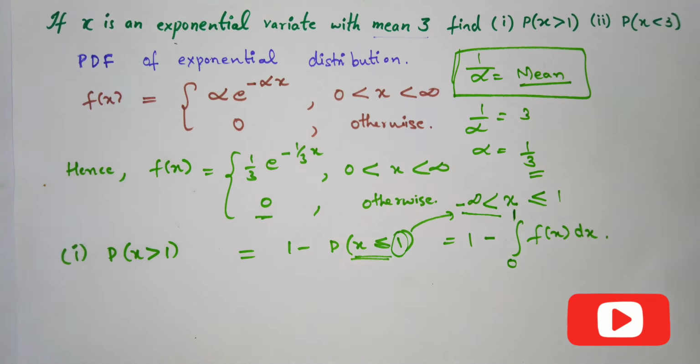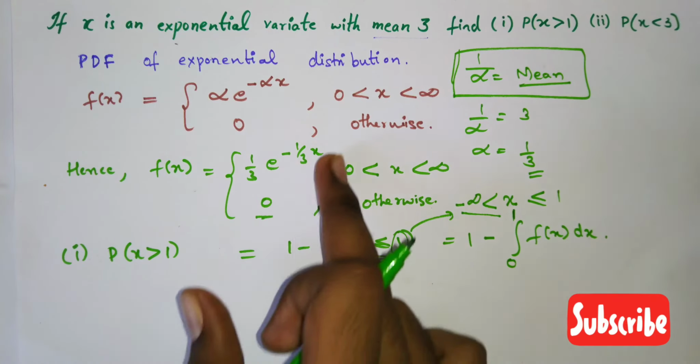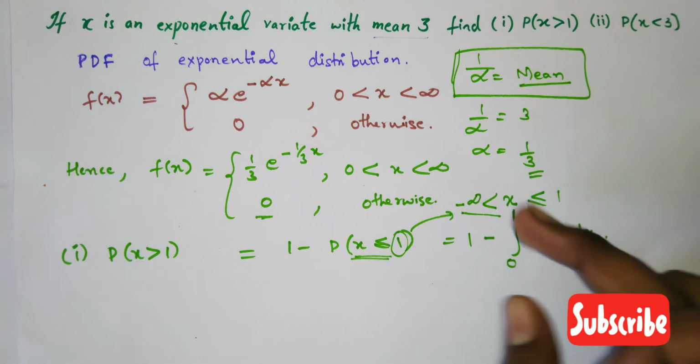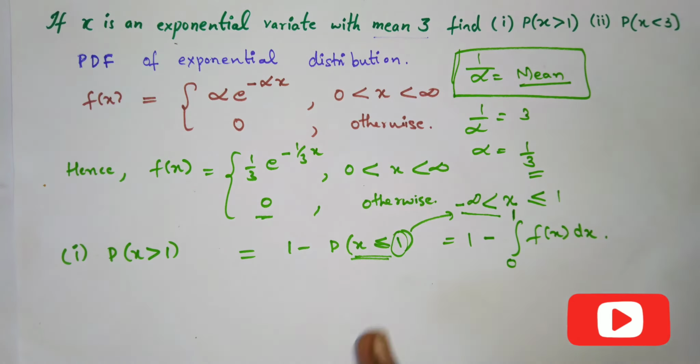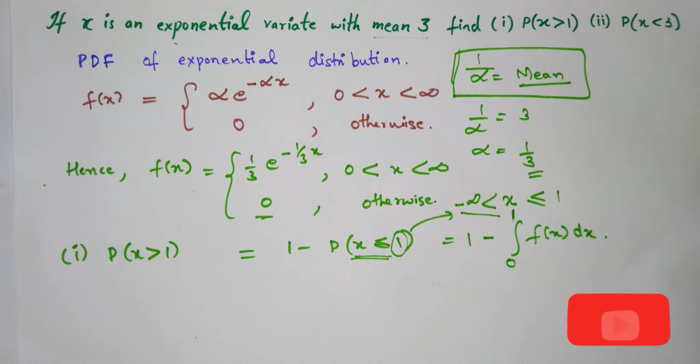The lower limit is always 0 because the function is valid only from x equal to 0, that is, x lies between 0 and infinity. In place of infinity, you place the upper limit given by the question.